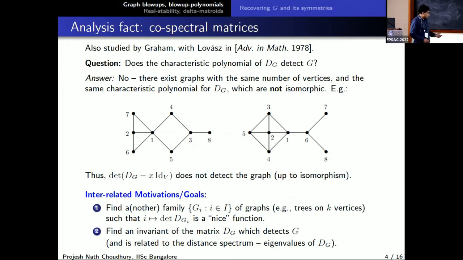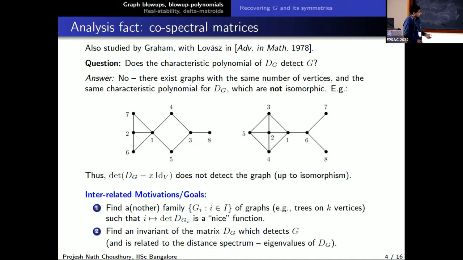We also want to find other such families of graphs. And more importantly, this should relate to the other goal: this family should help us find an invariant which truly detects the graph G. Of course, the distance matrix itself detects the graph, but we want some kind of polynomial invariant.